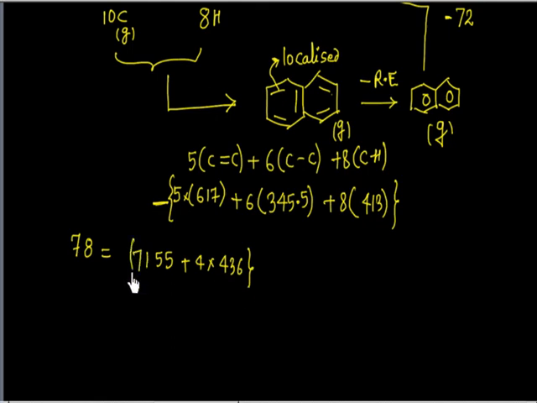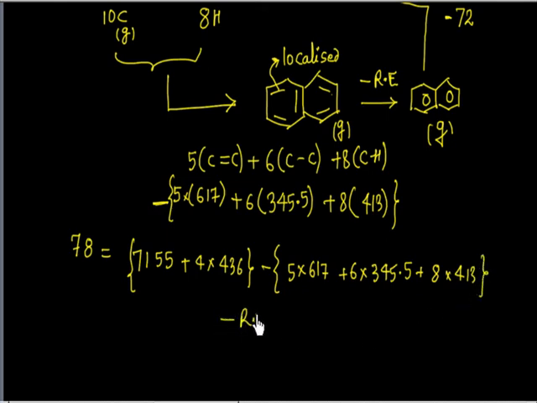So this energy, and then you have to subtract this energy: 5 into 617 plus 6 into 345.5, plus 8 into 413. This is only calculation. This is the amount of energy released, and then you have the resonance energy that is released, and then the heat of sublimation energy that is released.